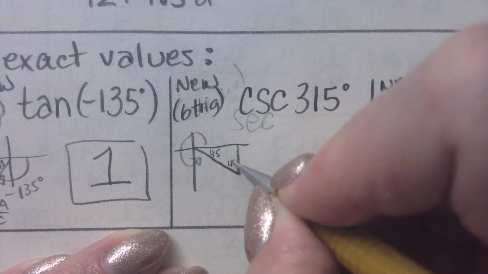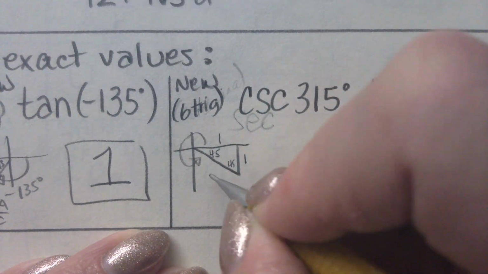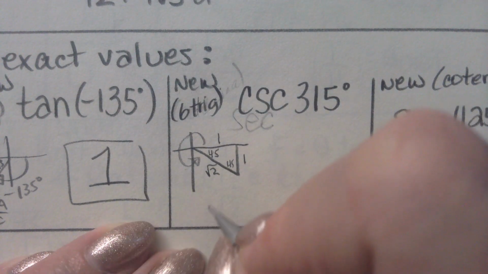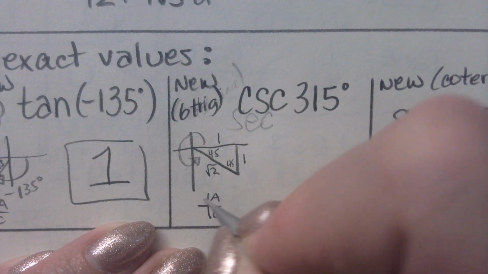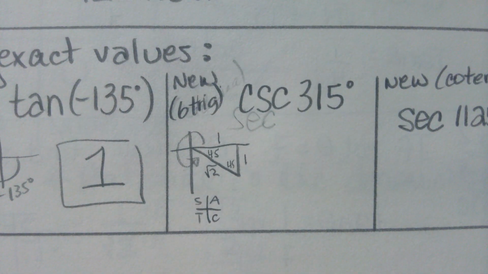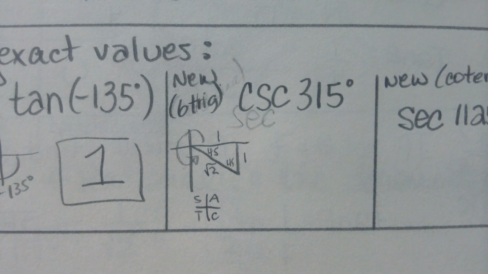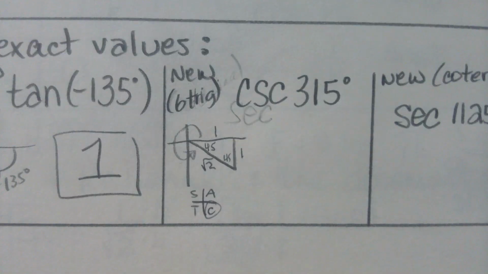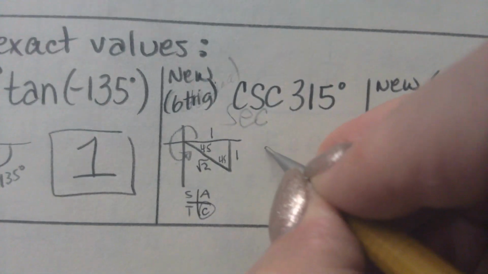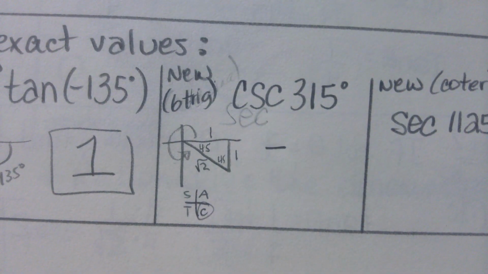So again, I'm looking at a 45, 45, 1, 1, root 2. Cosecant is the opposite of sine. So is this going to be positive or negative in this quadrant? So let's put a negative on it right off the bat.